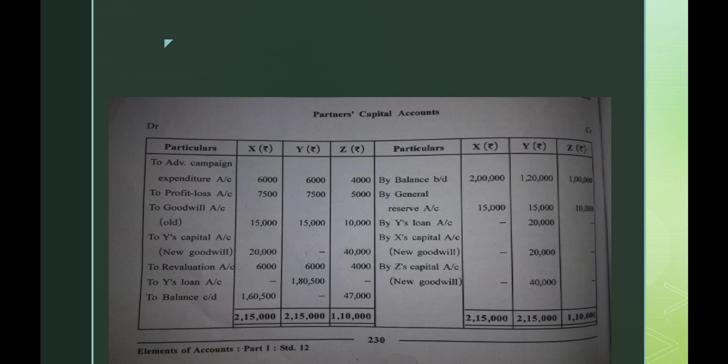So the total is 2,15,000. The total of credit side of the column of Y is higher. So we are going to write it down on both the sides, and we are going to deduct the amount mentioned on debit side in the column of Y.